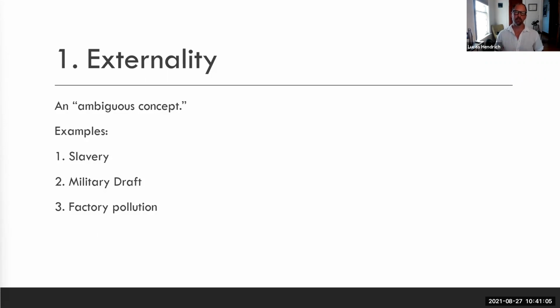I find the use of slavery in this context a little bit problematic, because slavery usually entails complete coercion, absolute loss of freedom. But what he's talking about here is internalizing that loss of freedom in some kind of right where there can be a negotiation or an exchange in which the cost of freedom is part of that negotiation.